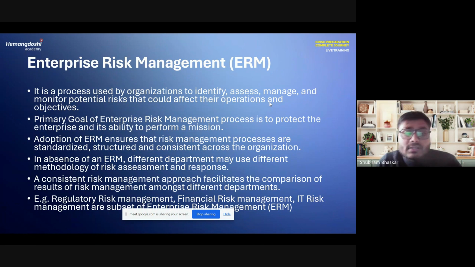So think about finance having its own risk management, HR having its own risk management process, right? I think I mentioned this before. You will not be able to find out how much risk is in which department. You will not be able to know which department is struggling, which department is thriving, which department is doing just okay, where do we need to put most of the resources. So that's why I mentioned that we need a unified risk management process, one way through which we identify risk, assess risk, report, and manage the risk.